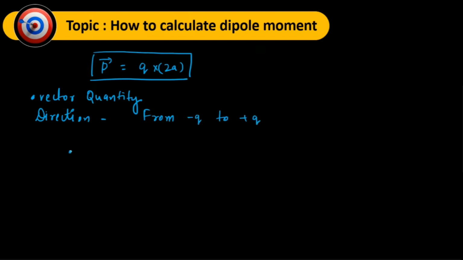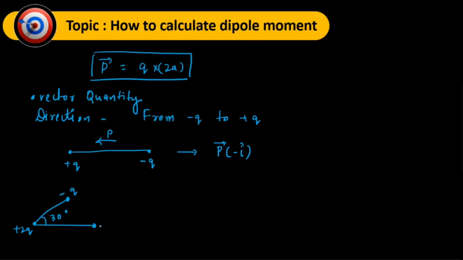For example, suppose I have a few configurations. This is positive, this is negative charge. The direction of this dipole is going to be directed this way. This is how we represent its direction. Or we can say here the dipole is negative of i cap. Similarly, suppose we have two electric dipoles placed at a 30-degree angle. For example, this is plus 2q and this is minus q, this is minus q.